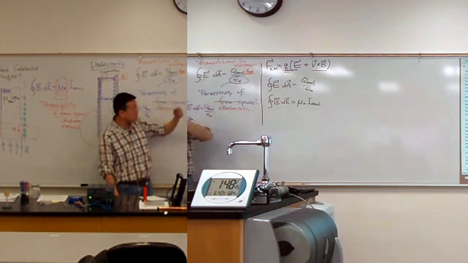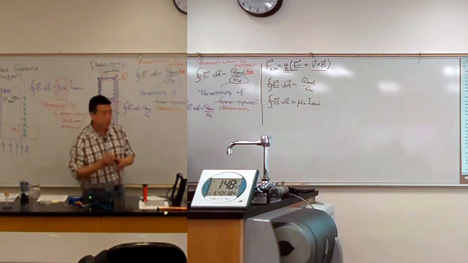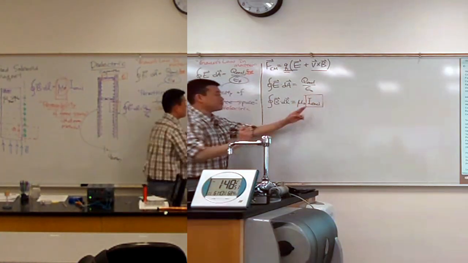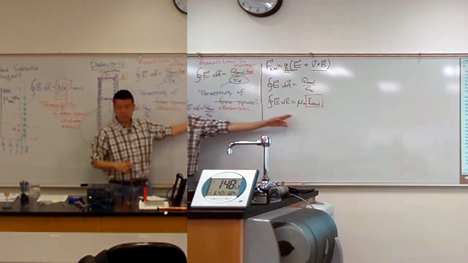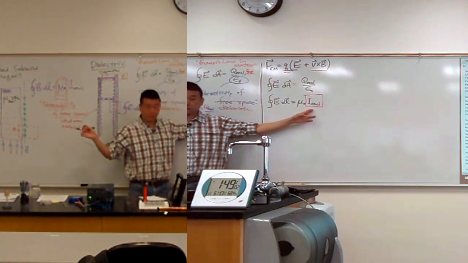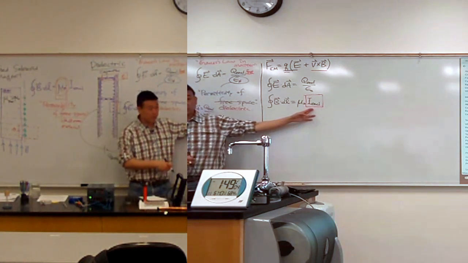This is sort of where we begin to see it, because we have a current that's producing magnetic field. But what is current? It's an electric charge flowing. It's a moving electric charge.